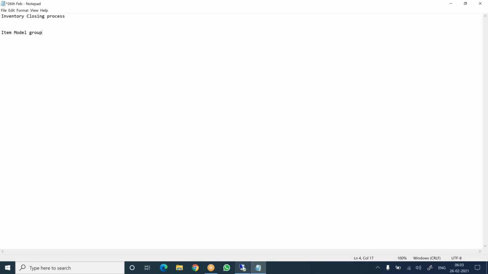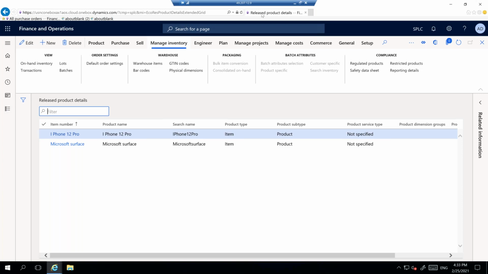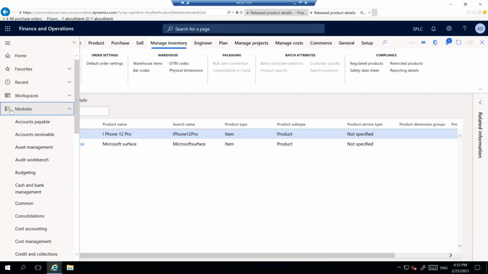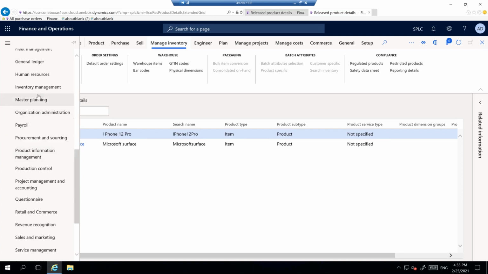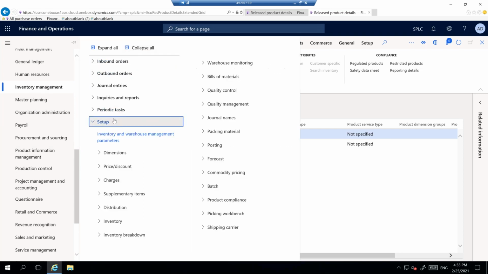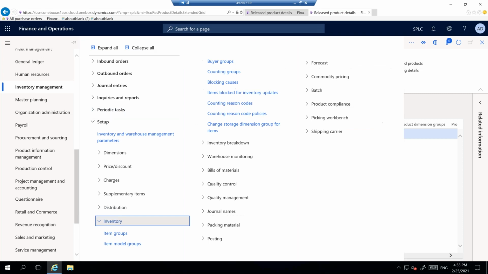Let me show in the application. If I go to inventory management, then setup, inventory, we have item model groups.